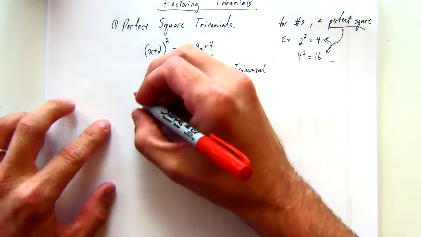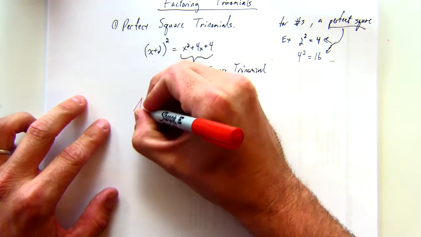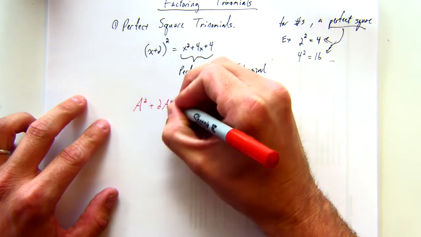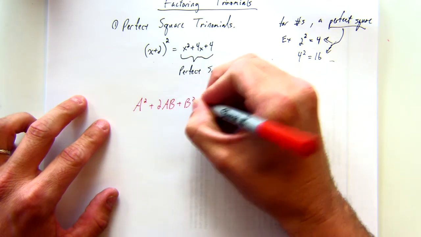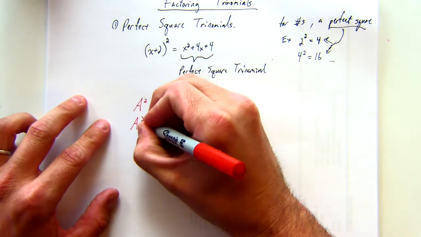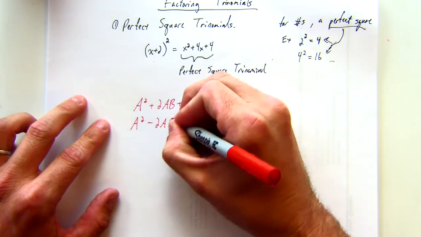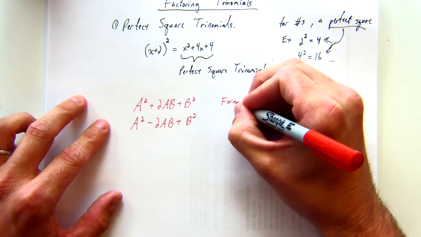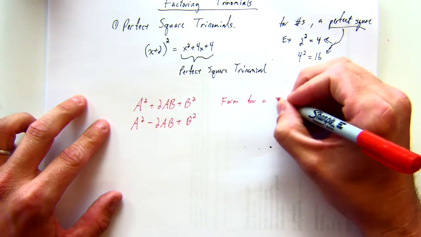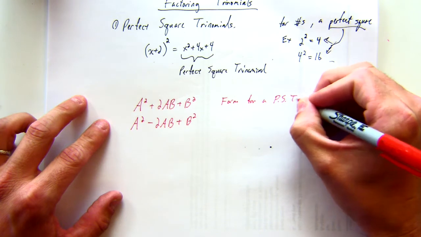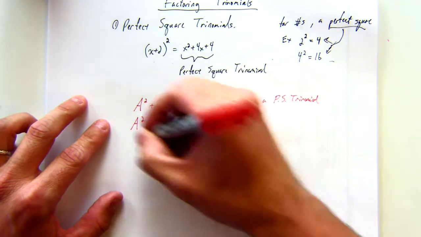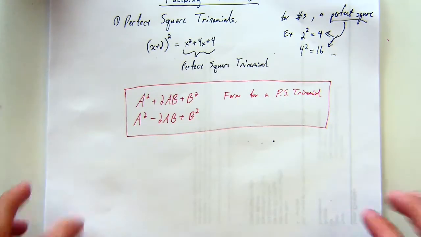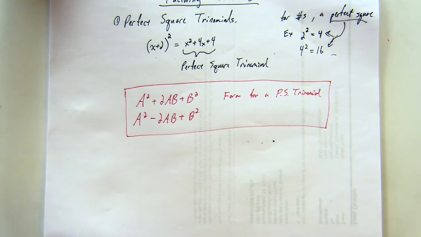But some of the things that we want to look at is if we can write a trinomial in this form, a squared plus 2ab plus b squared, or a squared minus 2ab plus b squared. This is a form for a perfect square trinomial. Now, I'll provide that for you, but let's see how we can use it.